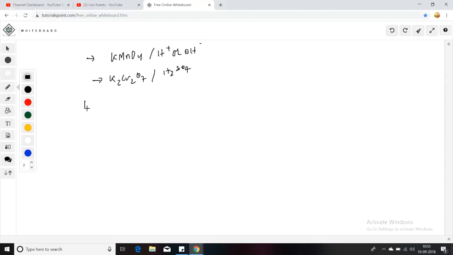Some reactions, write down as examples here. Suppose I take CH3CH2OH, primary alcohol. Under oxidation, it gives aldehyde first, that is CH3CHO. The number of carbon atoms must be the same, and further this oxidizes to give CH3COOH.